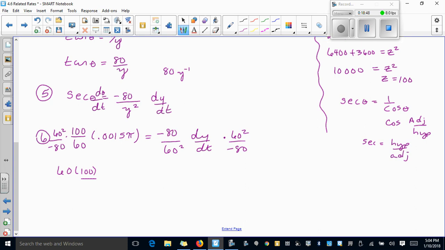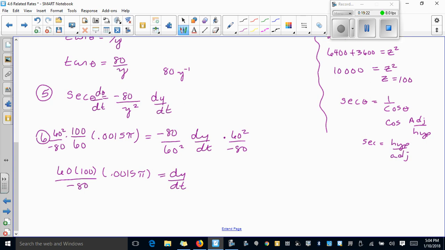Okay, so I'm going to just put this into the calculator and get a value back on it. 60 times 100 divided by negative 80 gives me negative 75. Multiply that by 0.0015 pi. And we're going to get negative 0.3534291735. This is what dy dt equals.